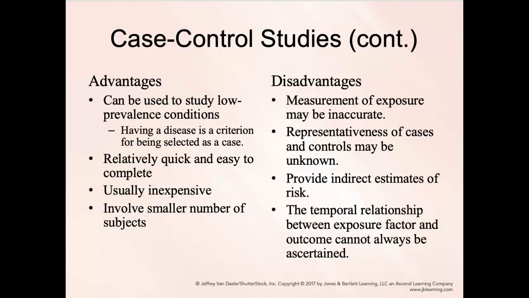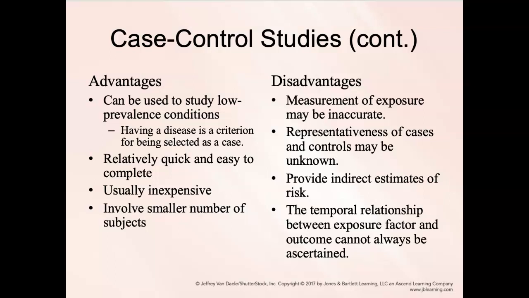It's relatively quick and easy to complete. You just have to go out and identify cases and controls and then collect data. They tend to be pretty inexpensive, and they usually involve a smaller number of subjects for those studies. In terms of disadvantages, there are a number. The measurement of the exposure might be inaccurate.